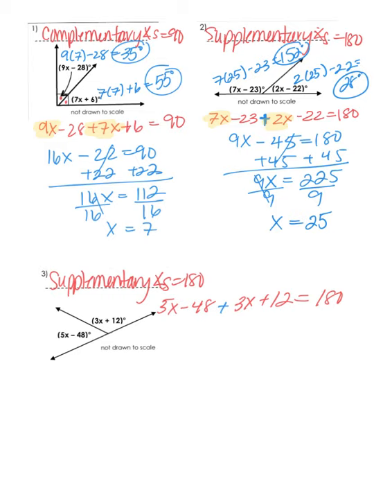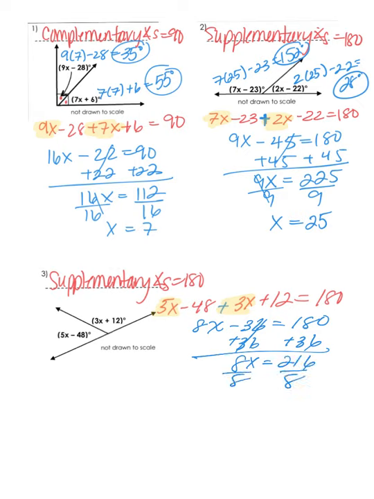Let's combine like terms. So I have 5x and 3x. So we have 8x and negative 48 plus 12, different signs, subtract and keep the sign of the larger. So I get negative 36 is equal to 180. Add 36 to both sides. All right, so 180 plus 36 is 216.